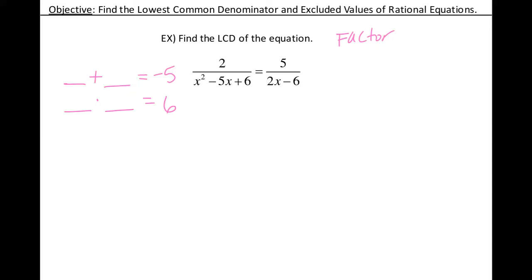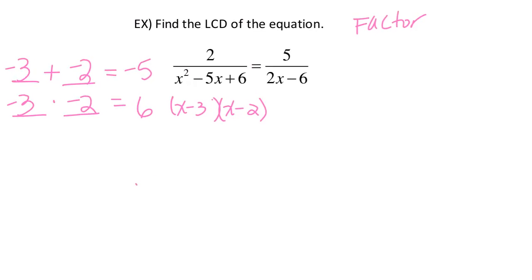And that's going to give me 2 new binomials here. So I want you guys to go ahead and work with your partner, try to figure out what these two are going to be. Figure out what the two numbers are, and that'll give you the 2 binomials. So my 2 binomials I have now are x minus 3, x minus 2.